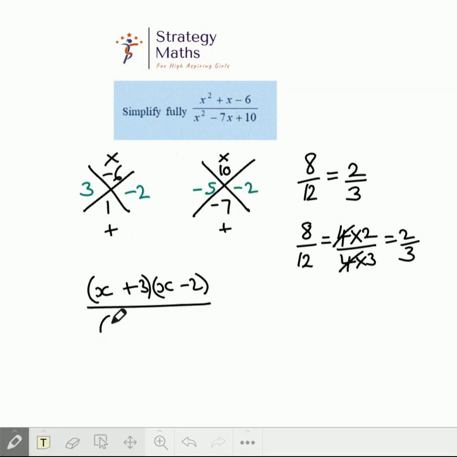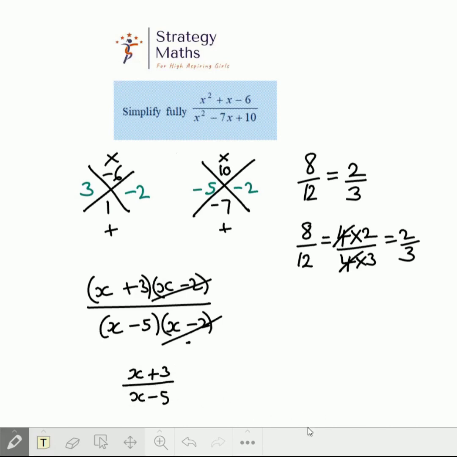So on the denominator, we get x minus 5 multiplied by x minus 2. And we can see that we have a common factor on the top and the bottom, and the common factor is x minus 2. So we can simplify the x minus 2, and we're left with x plus 3 over x minus 5.